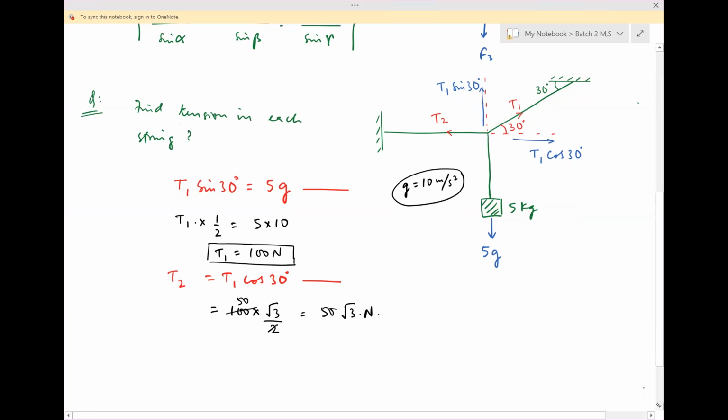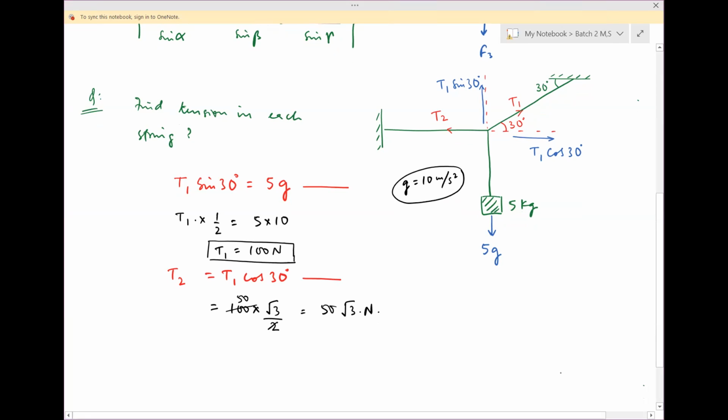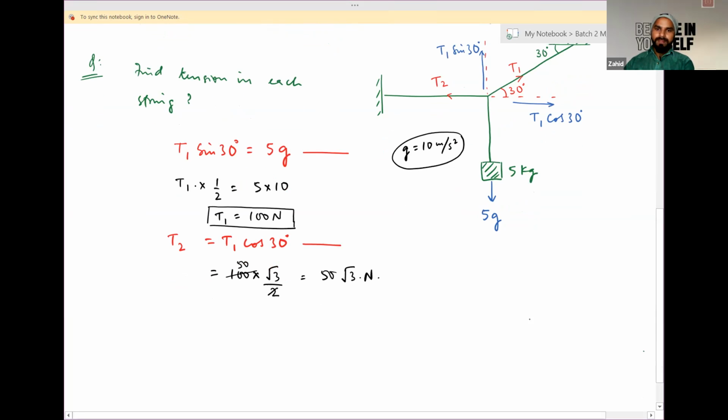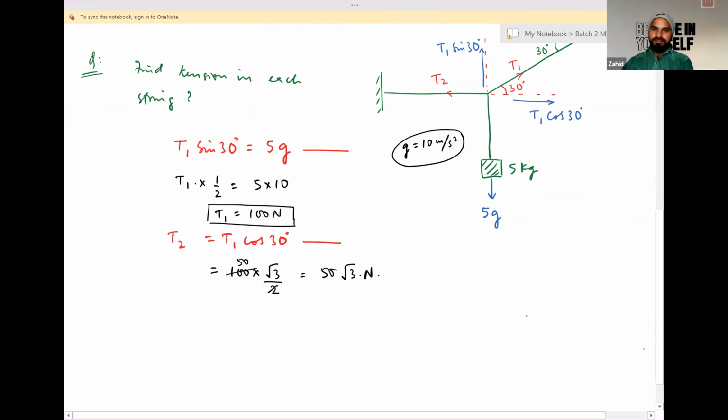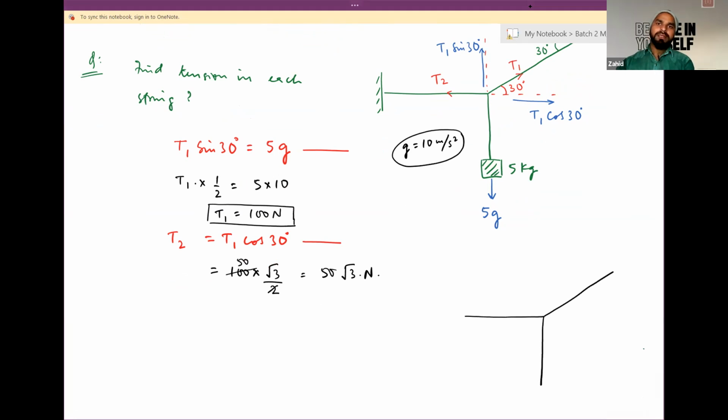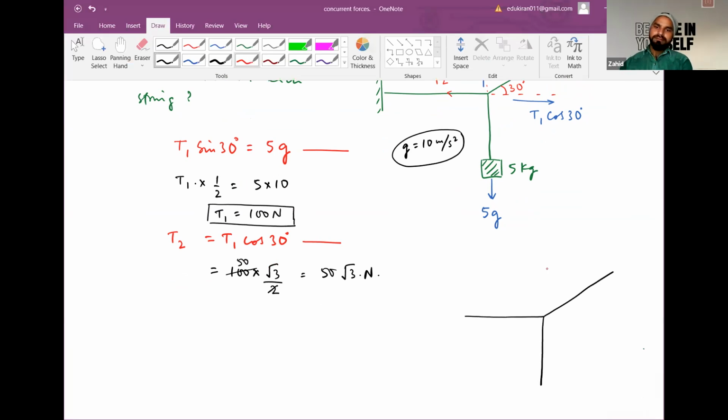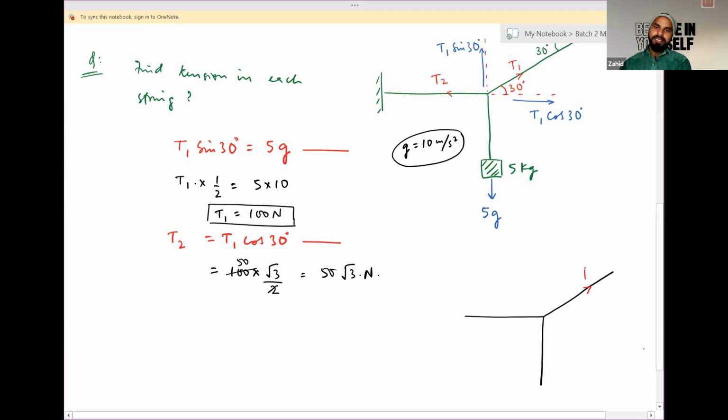Yes, sir. Okay. We may use Lami's theorem for this part. Suppose this was your first string, this was second, and there is gravity along this direction. So this will be tension T1, tension T2, and this will be mass times gravity mg.